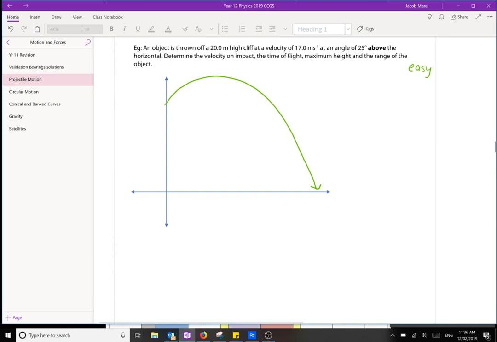Find the time for it to strike the ground, find the velocity that it strikes the ground, but you've got to do both. And the maximum height and the range. So you've got to find everything. That's why you've got a whole page to work on.